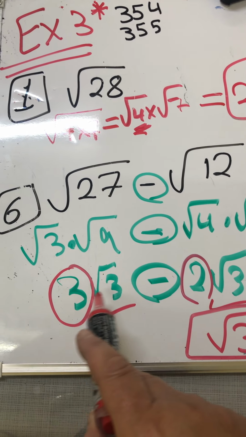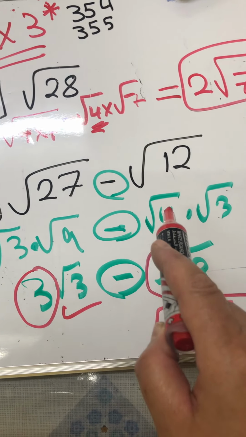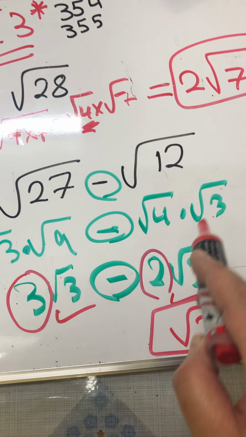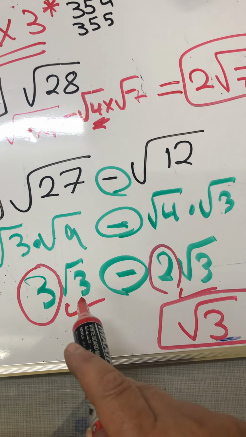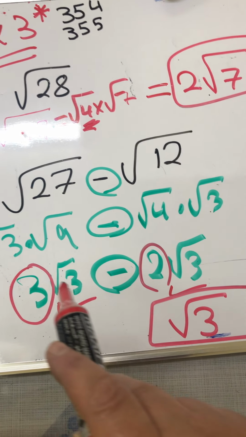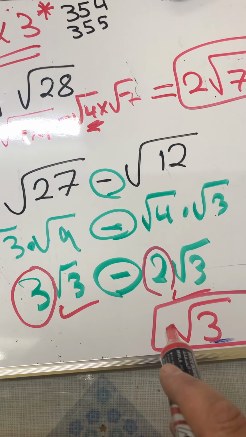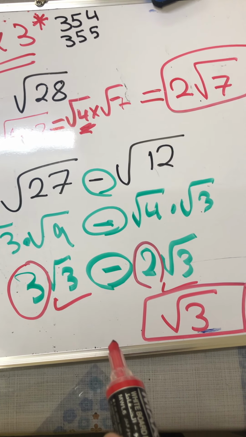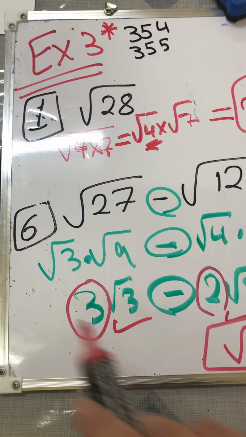We can arrange them. Minus square root of 4 is 2, and square root of 3. Now I have the same root, so I'll write it just one time. And 3 minus 2 equal 1, no need to write 1 here. And this is question number 6, exercise 3 star.